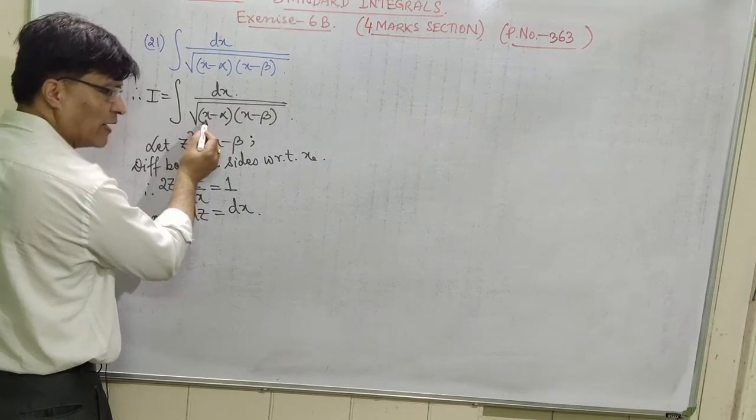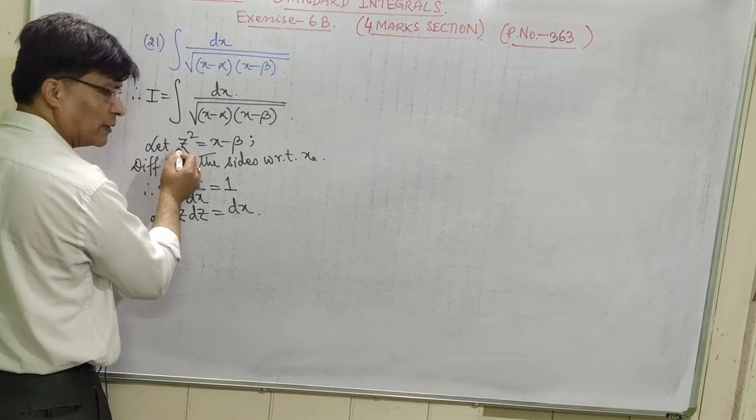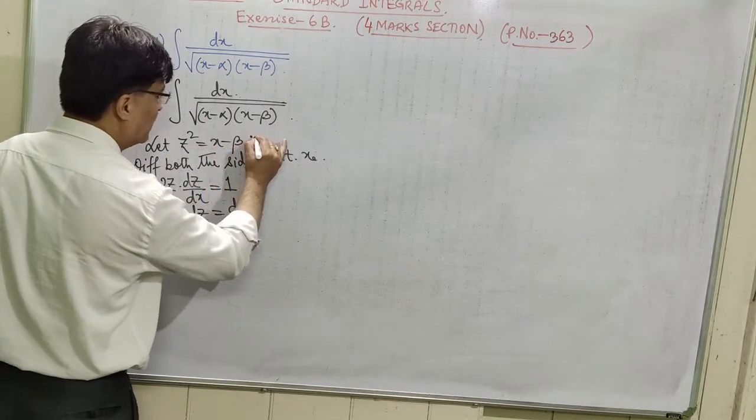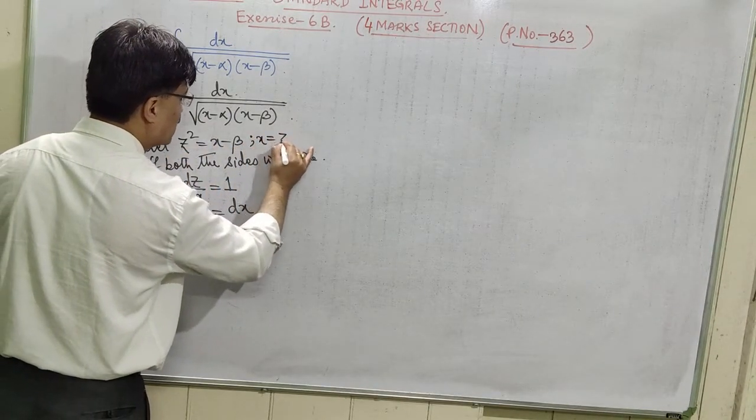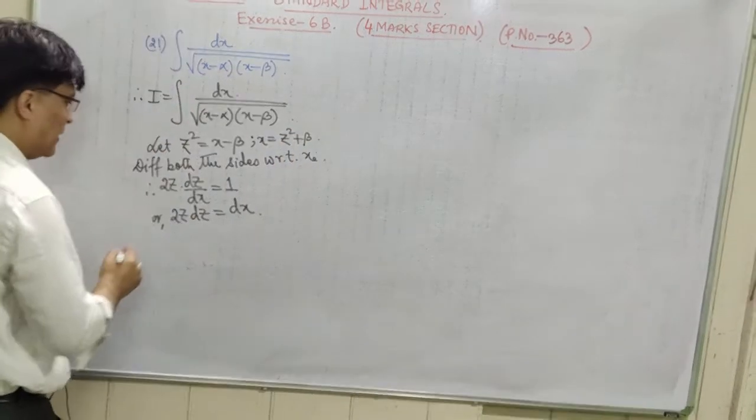Okay. So from here, let us get the value for x, because in the first factor, instead of x, you have to put the value for x in terms of z square. So x is equal to z square plus beta. Right.